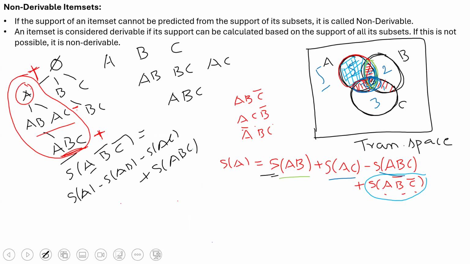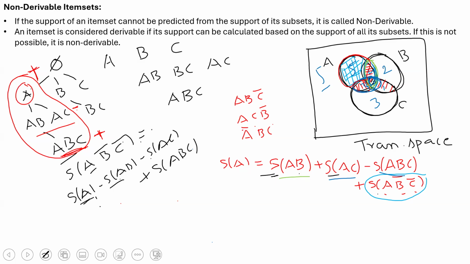But look at this equation. Now keep S of A on this side and send everything to the other side. So minus S of A becomes plus S of AB, and minus S of AC becomes plus S of AC, and the plus becomes minus here.